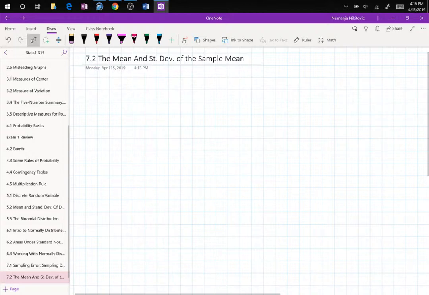Number one, the more we have in a sample, the better the mean approximation is. And then if we were to find all possible samples and all of their means and then take the mean of the means, it was the same as the mean of the population.